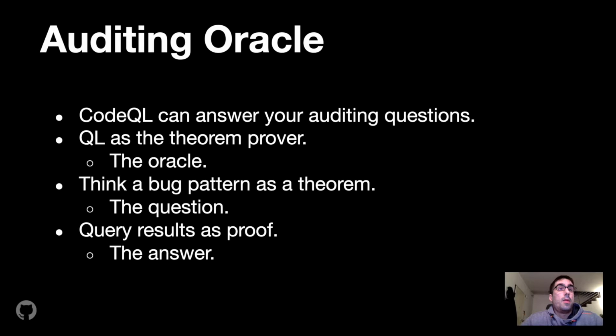It can be thought of as some sort of theorem prover, where the theorems are the bugs and the proofs are the results of a query. As we mentioned before, CodeQL turns the compilation of a code base into a regular database that can be consulted. So having something you can ask questions and get answers is a very potent tool in the toolbox of an auditor, as I will try to convince you as this presentation progresses.